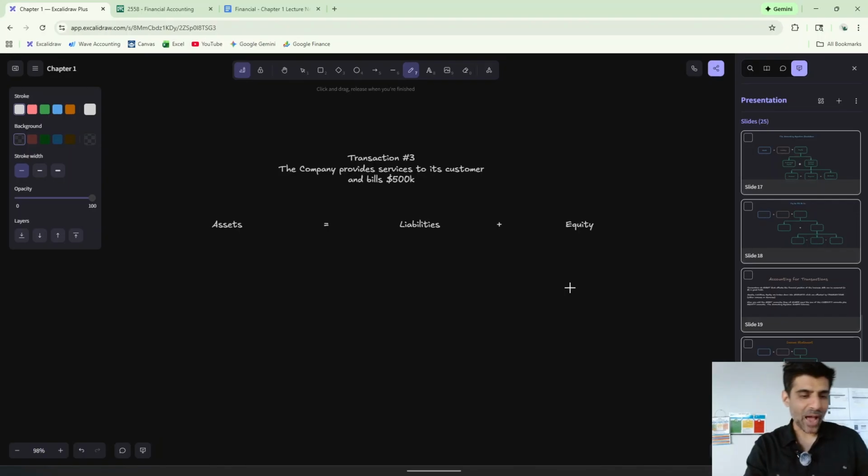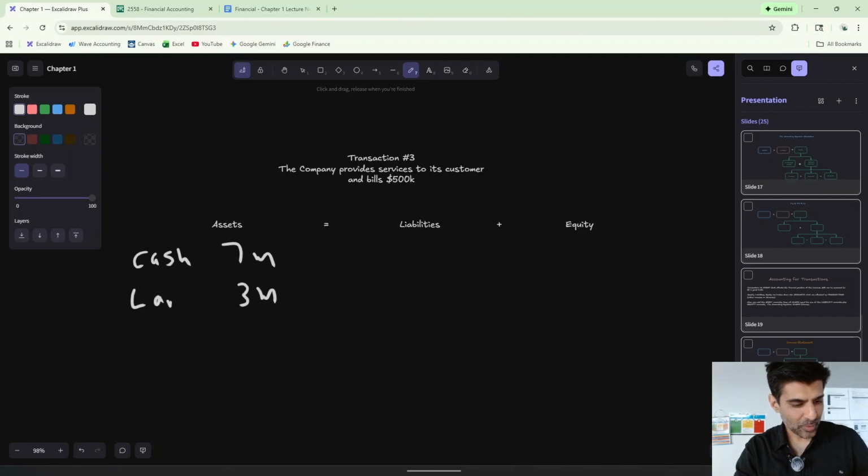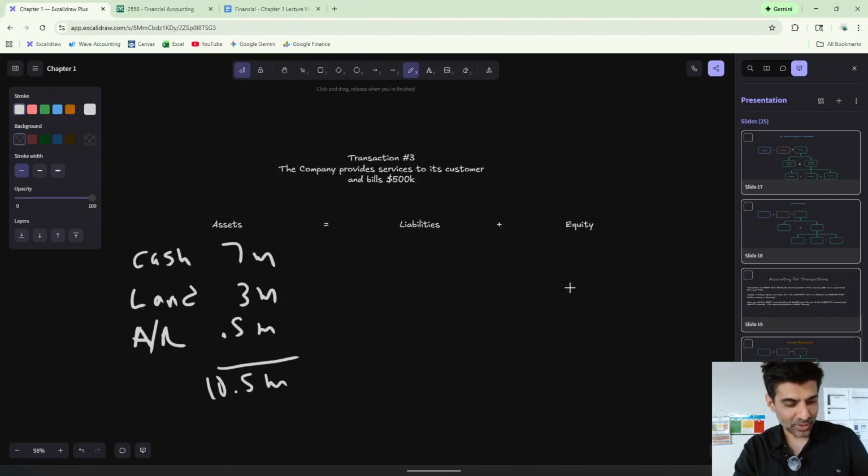Okay, so on the assets, now we have cash, 7 million, land, 3 million, accounts receivable, 500K. So I'll just put 0.5 million. Okay, so now it's a total of 10.5 million in total assets. It equals, we didn't borrow anything, so the liability is still 0. We have 10 million in common stock.